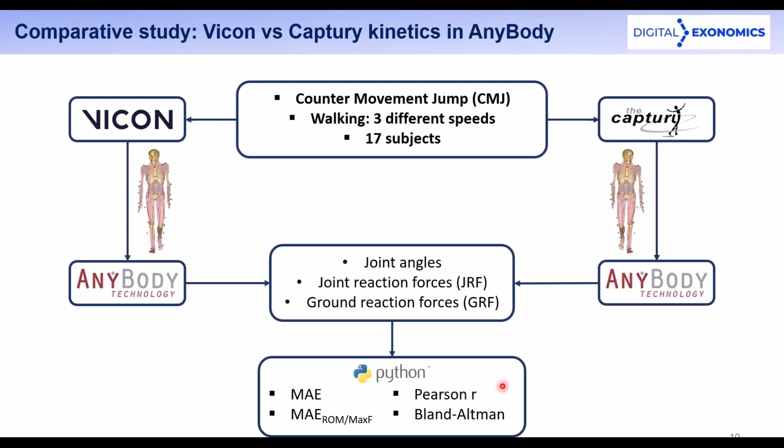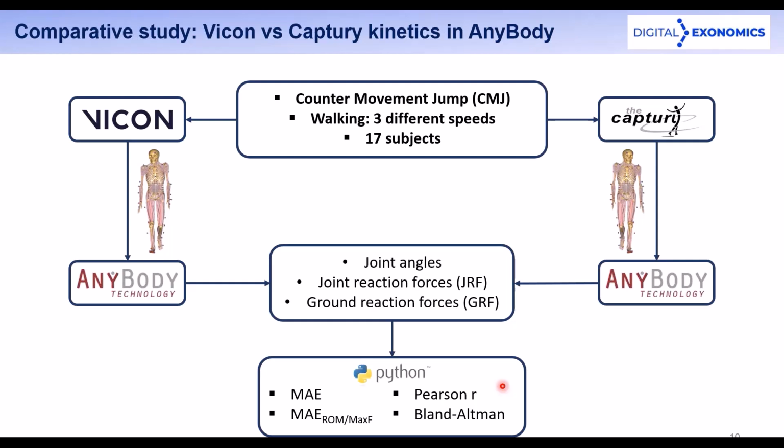Then if we look at the second study, the setup was quite similar. Again, we recruited subjects to our laboratory, had them perform some movements. In this case, we recorded a counter movement jump and had them walk at 3 different speeds.